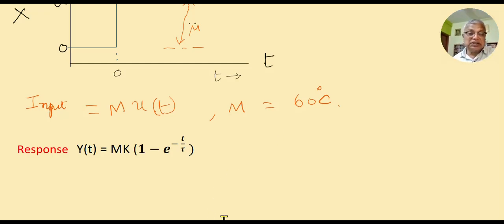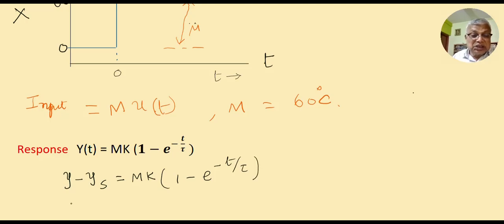Let me substitute here: capital Y means y minus ys, where y is the thermometer reading, the output of the thermometer, equal to the same MK times 1 minus e power minus t by tau.